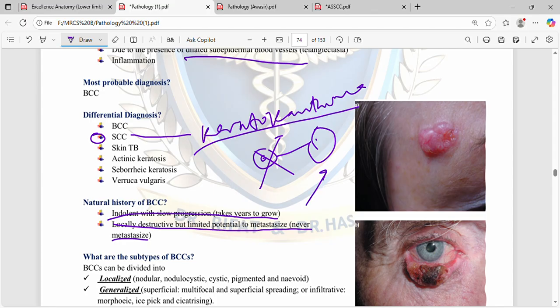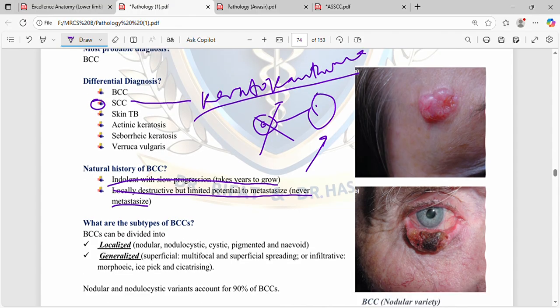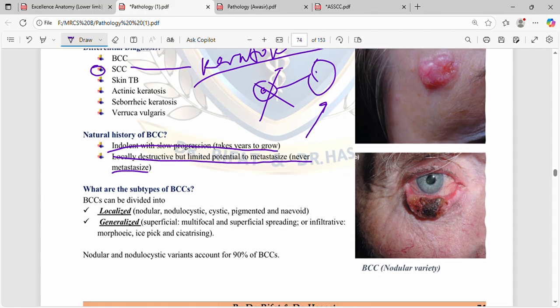Okay, so what are the subtypes of BCC? The subtypes are localized: nodular, cystic, and pigmented; and then we have the generalized: superficial, multifocal and superficial spreading, and infiltrative, morpheic, ice pick, and cicatrizing.